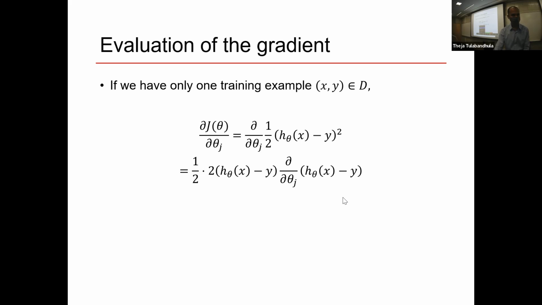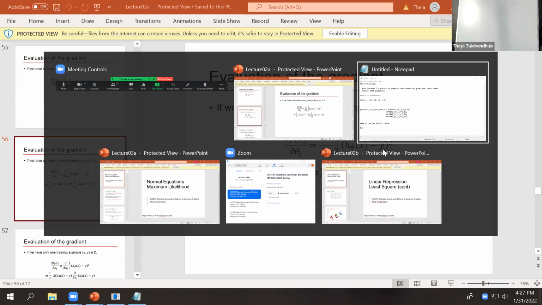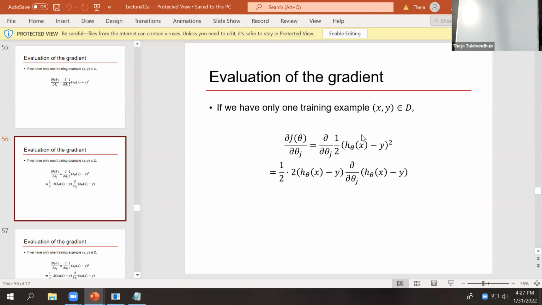No. So let's take a simple example first. Y is equal to, oh my god, it's not visible.